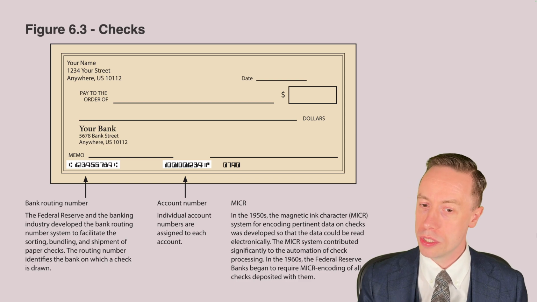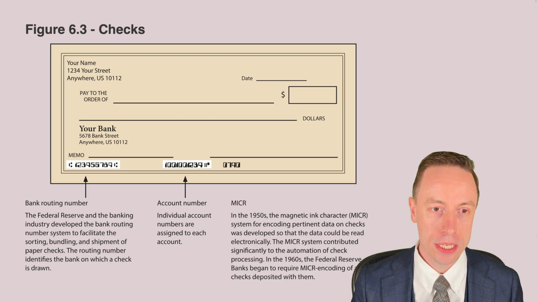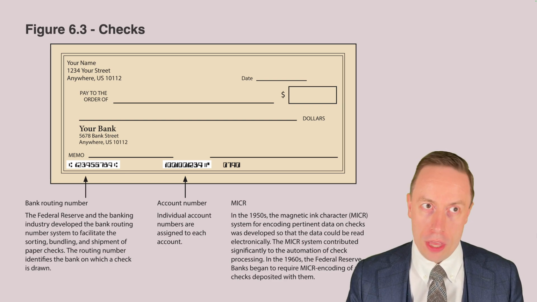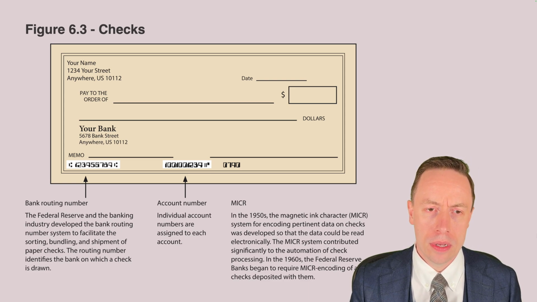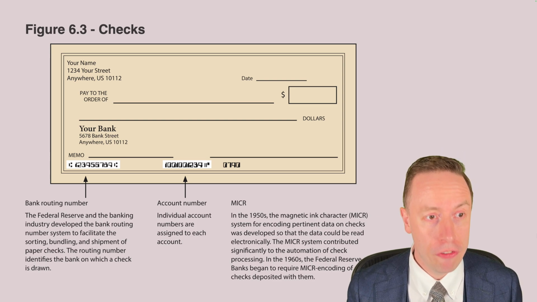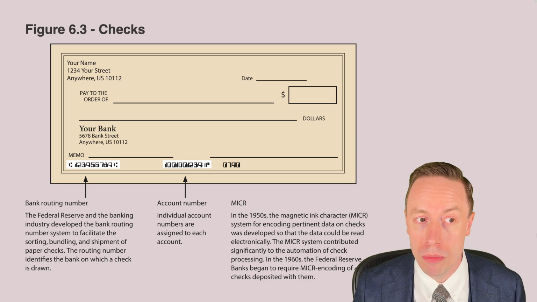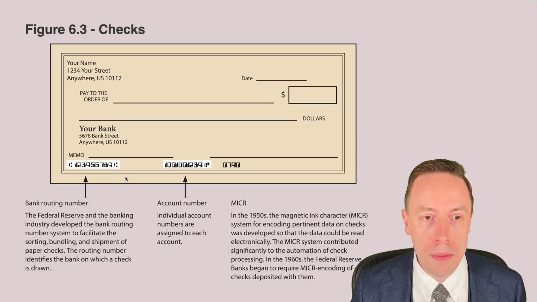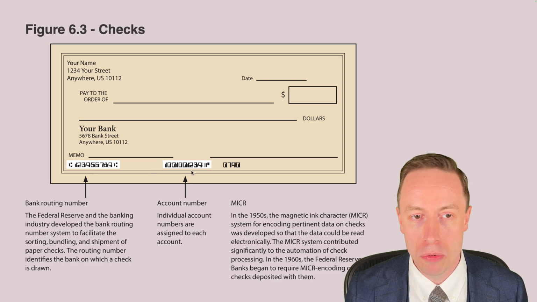But what's neat to point out here about checks is that even though they're becoming less and less popular, they still represent the underlying idea of how our bank accounts work. Because if you look at the bottom of a check, there are two important numbers here, a so-called routing number and an account number.